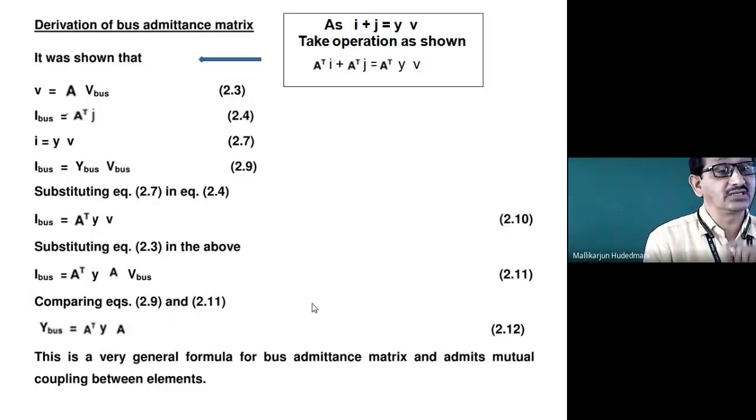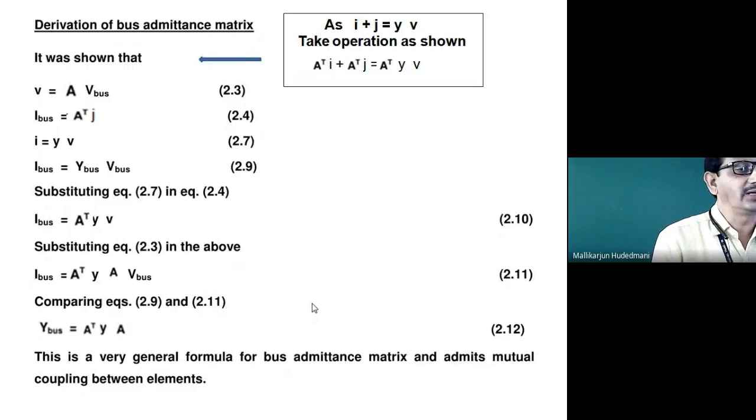Those many buses are there in the given power system, the nodal voltages like capital V1, V2, V3, V4. If I operate them, I'll be able to get the individual vector of branch voltages V1, V2, V3. So this equation was shown as an extension of the A matrix approach, and that is recalled back here.